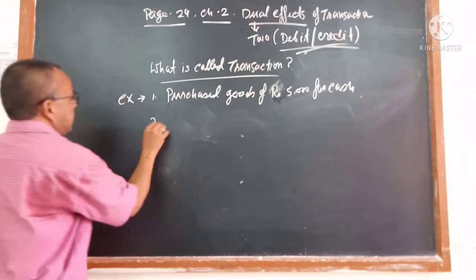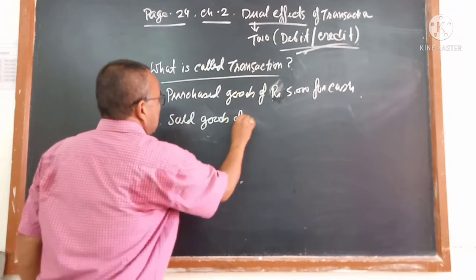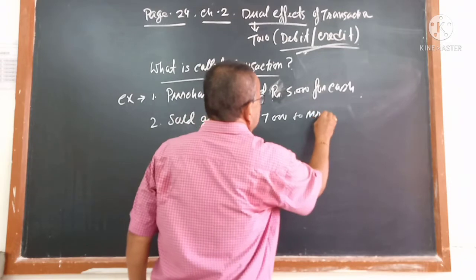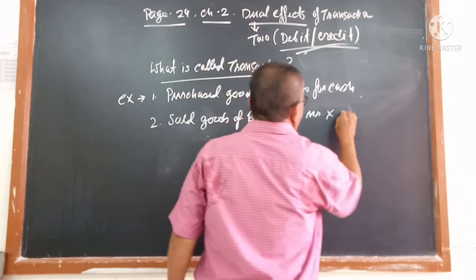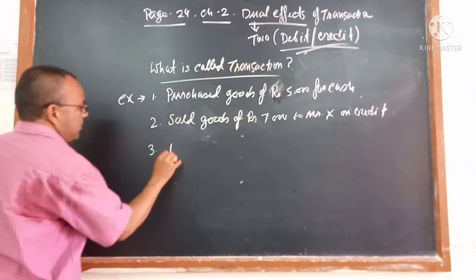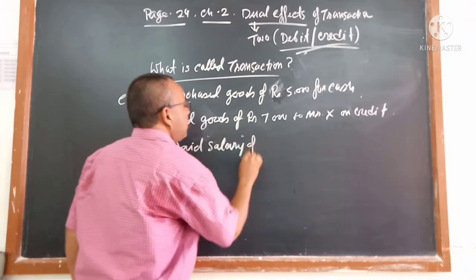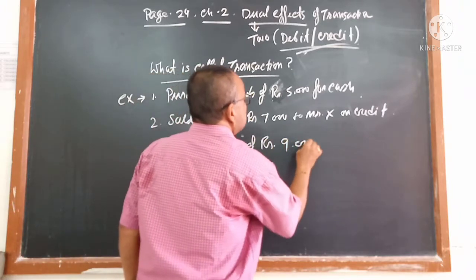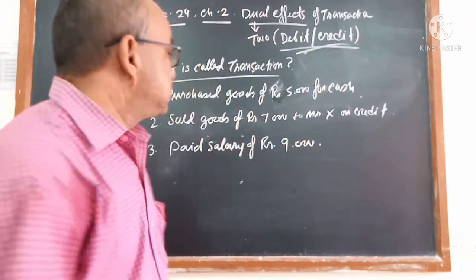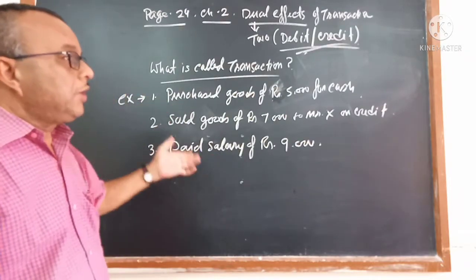Second example: sold goods of rupees 7,000 to Mr. X on credit. Third: paid salary of rupees 9,000. Note these 3 examples. First of all, let me explain whether each is an event or a transaction.